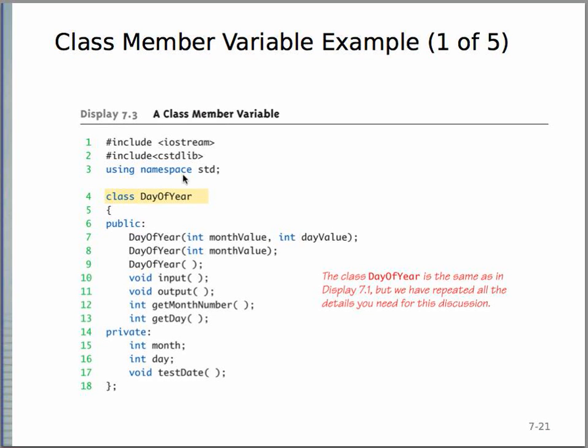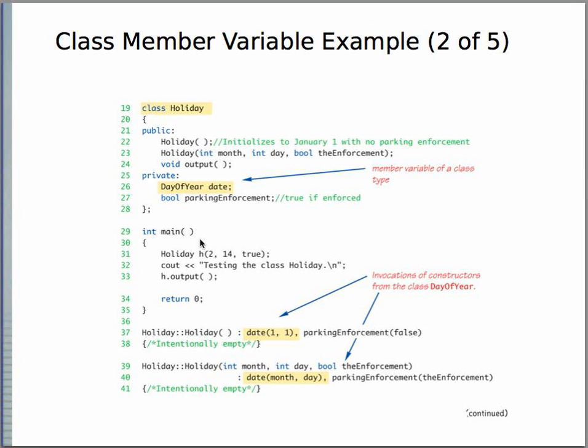So once again, just to repeat, let me go back up. You have a regular class with just primitive data types as member variables, just 2 ints, and it has a constructor that takes 2 ints. Now you're going to have a class with an object inside that, any object of type Holiday.